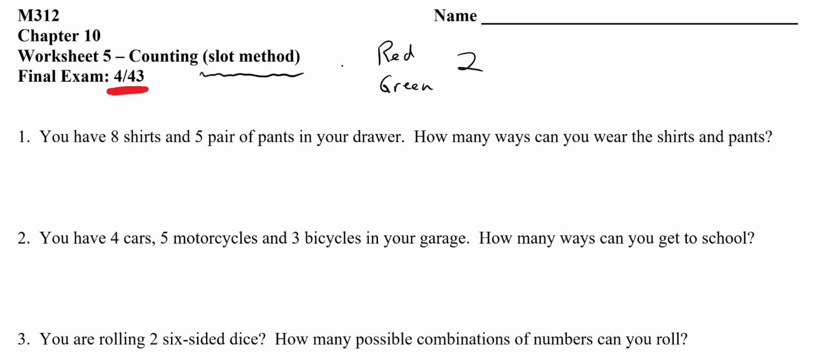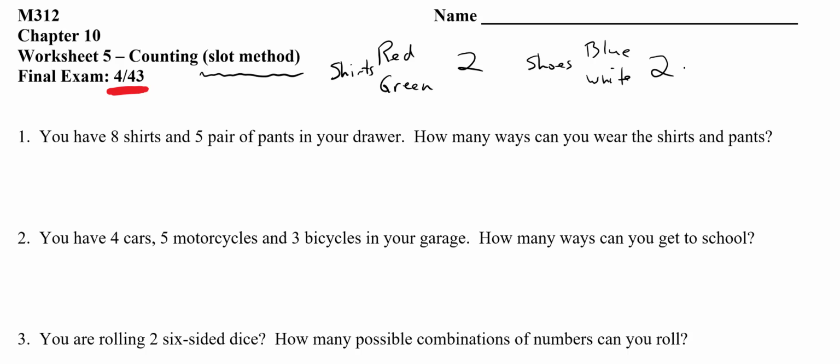Okay, so that's for shirts. And let's say you have blue or white shoes. So there are 2 ways you can wear blue and white as well, right? Because you can either wear a blue or you can wear a white.